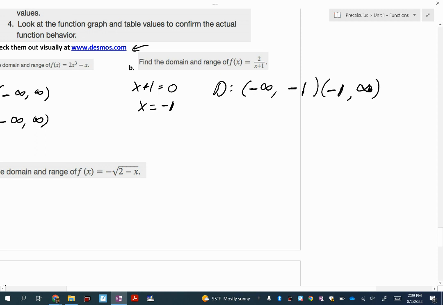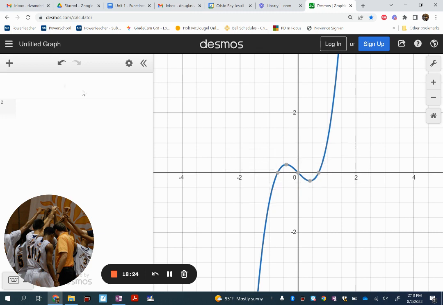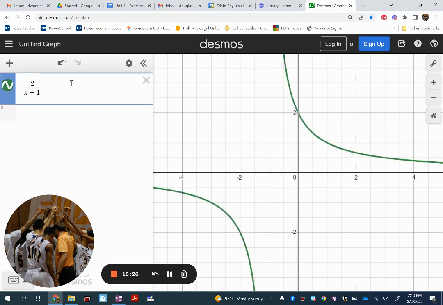So let's show you what that looks like for this second example, 2 over x plus 1.